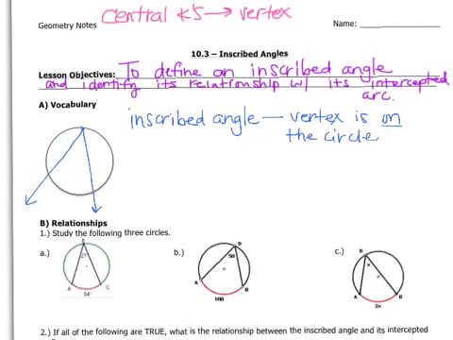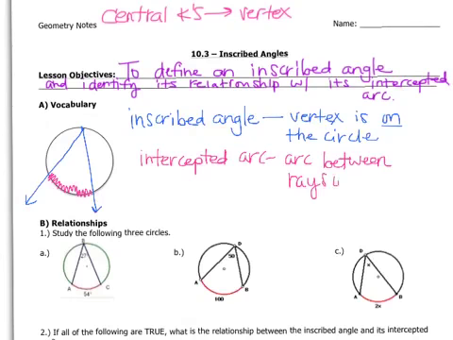The intercepted arc is the portion of the circle that is in between the arms of that angle, okay? So our intercepted arc is that pink part of the circle. It's the arc between the rays of the angle.